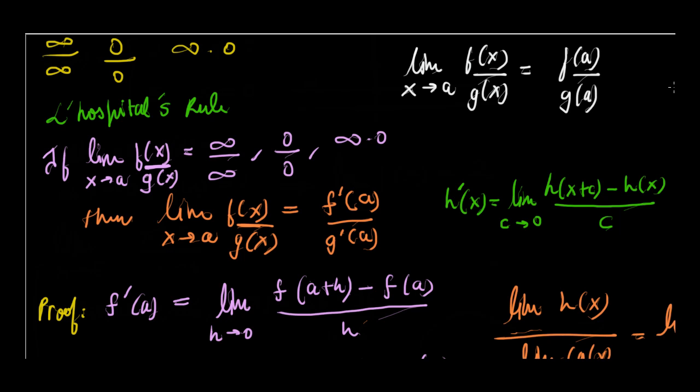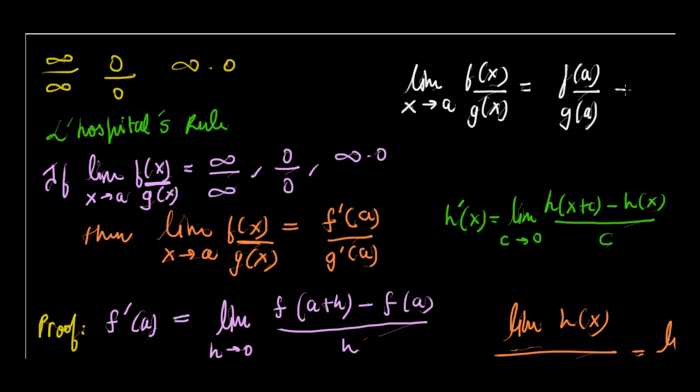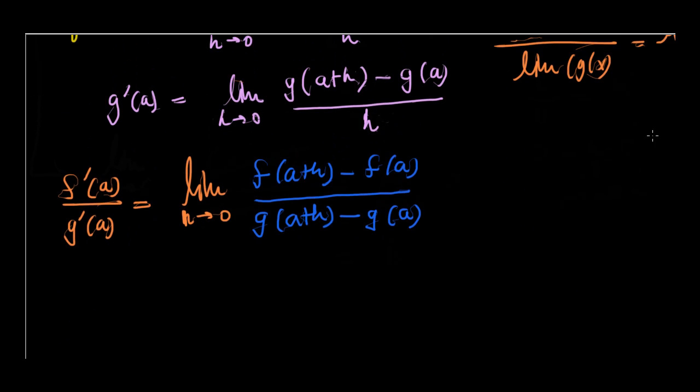So for this to be 0 by 0, I'm assuming that f of a is 0 as well as g of a is 0. Okay, so using that, this is 0 and this is 0, right?